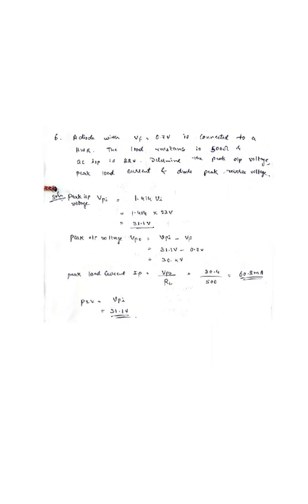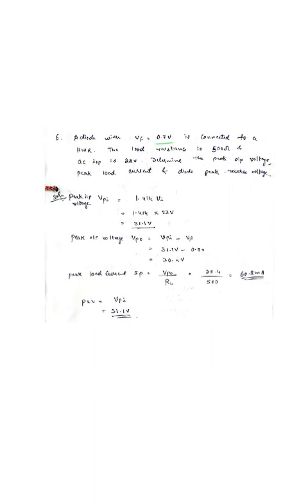Next, a diode with VF equal to 0.7 volts is connected to a half wave rectifier. The load resistance is 500 ohm and AC input is 22 volts. Determine the peak voltage, peak load current and diode peak reverse voltage. So peak input is nothing but 1.414 VI. VI is 22 volts in AC input.